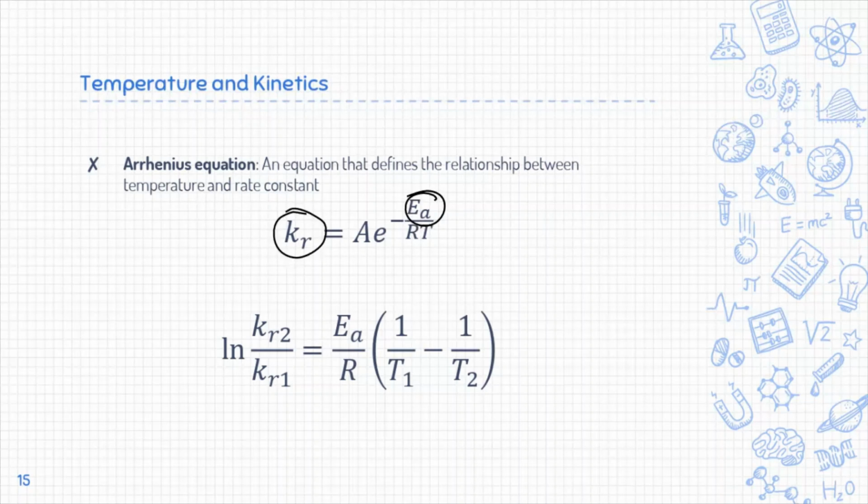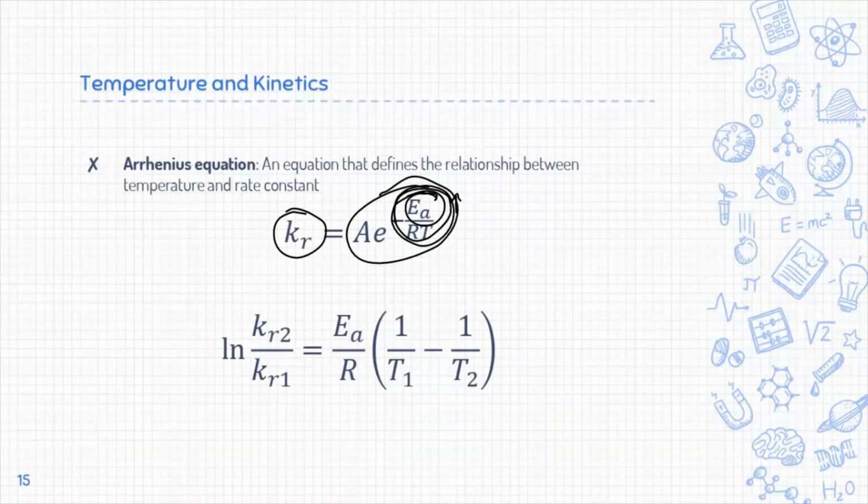So as activation energy increases, this overall becomes more negative, therefore this becomes smaller.